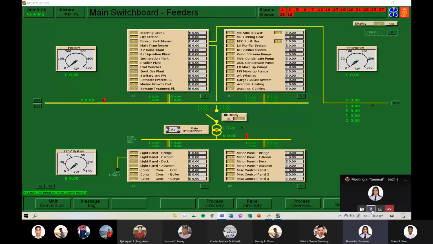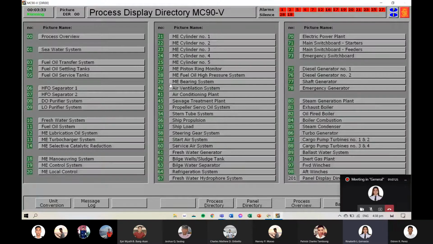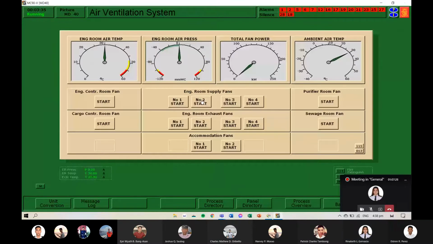Lastly, Chief Engineer Perez, sir, go to Directory 40 to start the engine room fan number 2 supply and exhaust fans. Done.